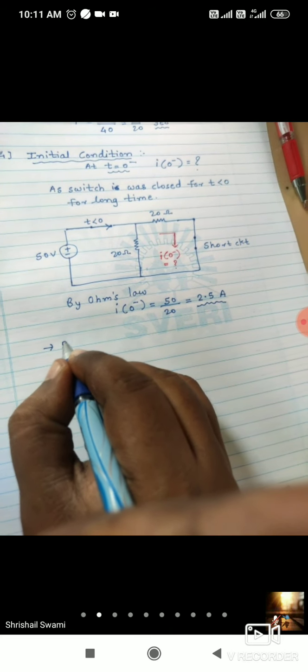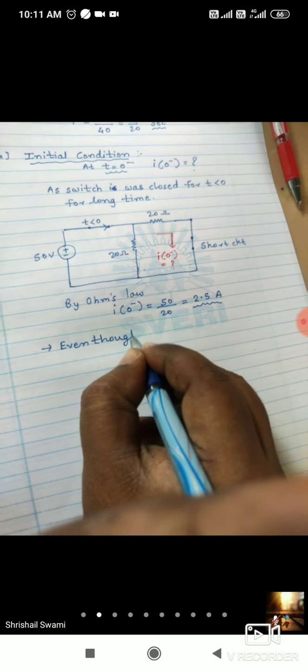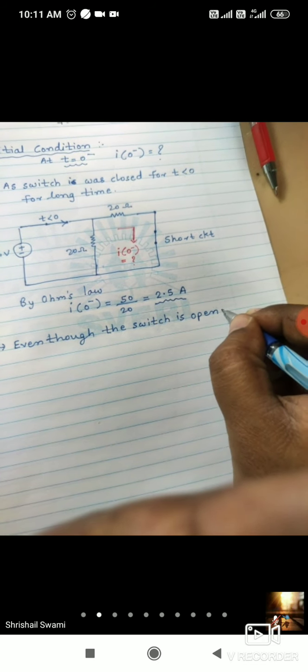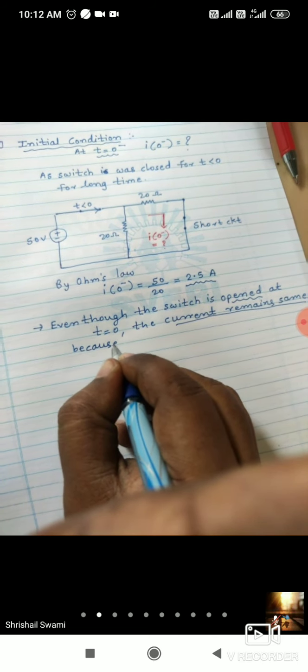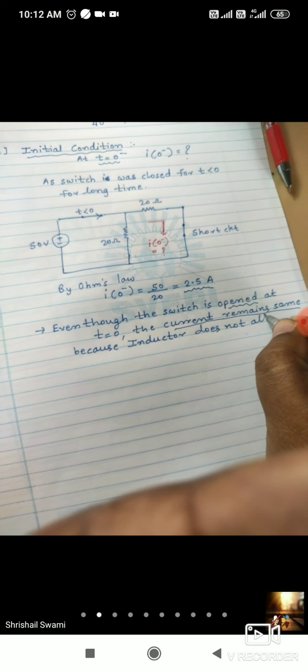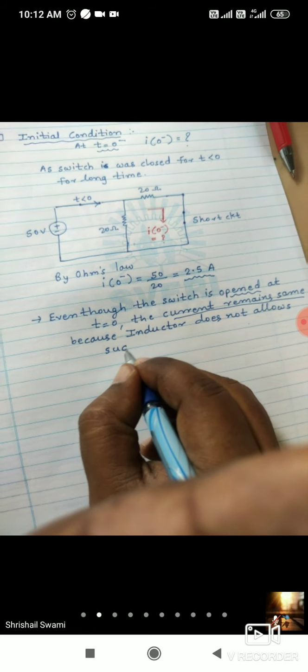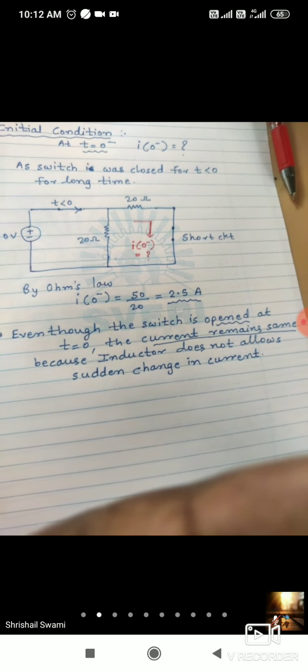So even though the switch is open at t equal to 0, the current remains the same, because the current will be what it was previously. Even though, the current remains the same because the inductor does not allow sudden change in current.